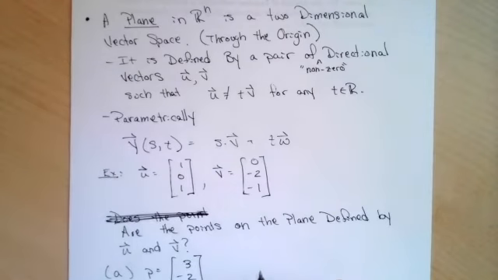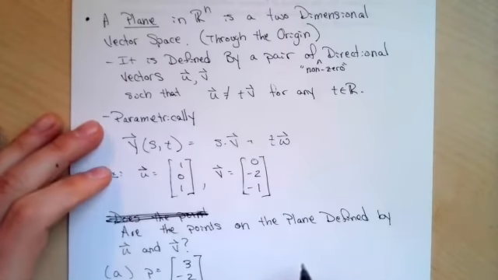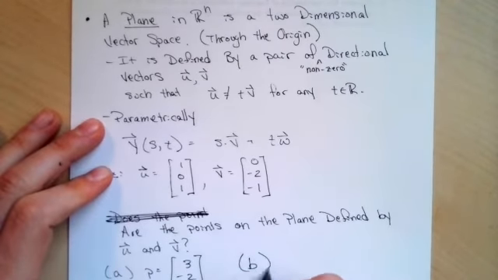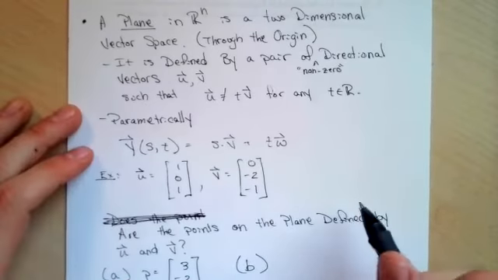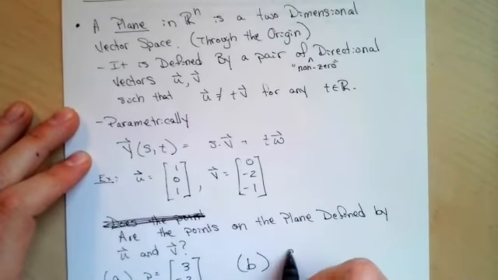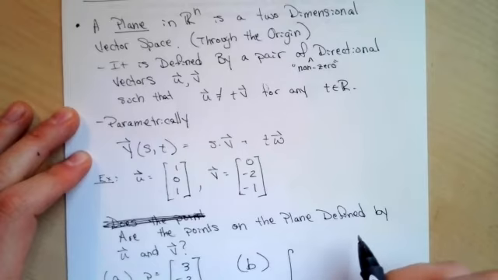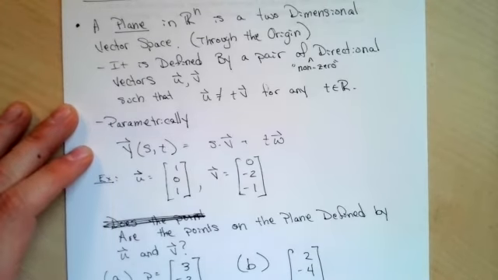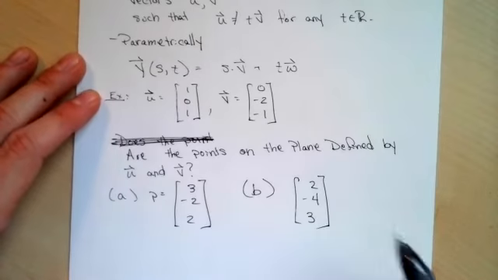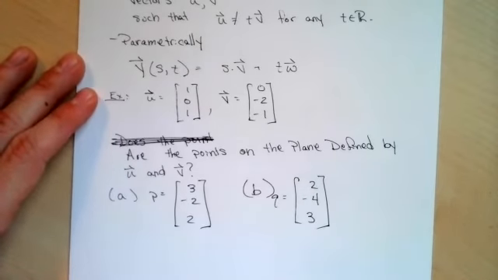And then let's do B. Let's do 2, minus 4, and 3. Let's call this guy Q.